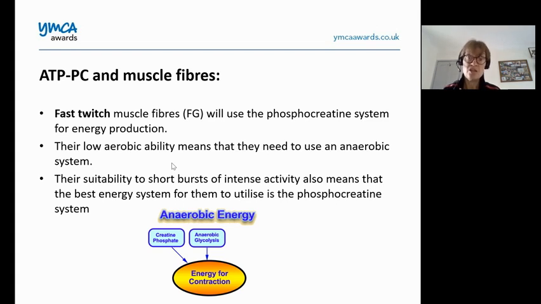So they're going to need to use an anaerobic system for them to work. Those fast twitch are suitable for short bursts of very intense activity. So it means that the best energy system for them to utilize is the phosphocreatine. So they match up there. Fast twitch match with your ATP-PC system.